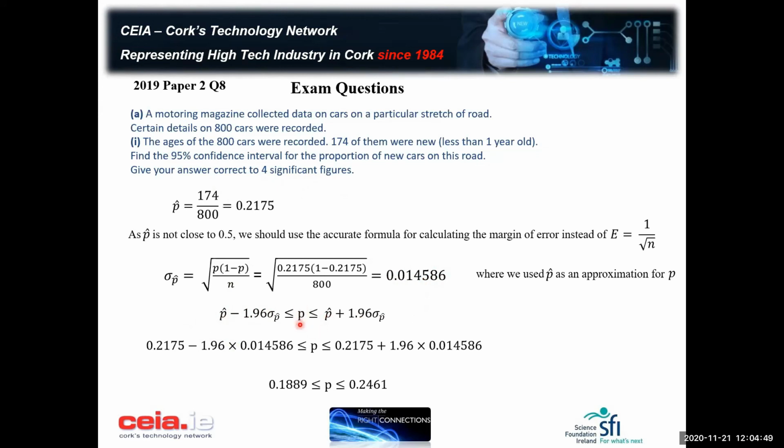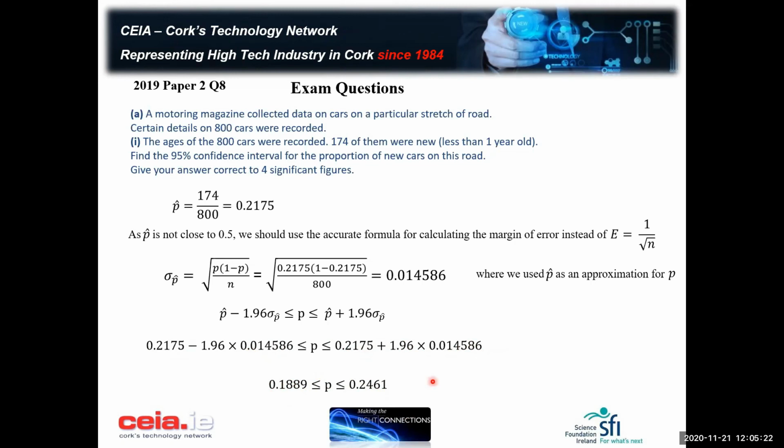P is what we're looking for. So 1.96 times this sigma p hat, we subtract it from our p hat and get 0.1889 to four significant figures. On the other side, we add 1.96 standard deviations to p hat and get 0.2461. And this is our range, our confidence interval, 95% confidence.